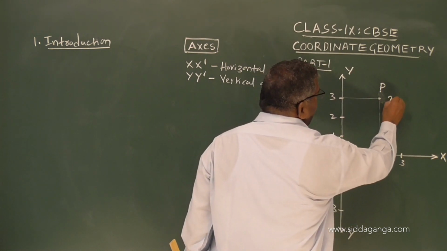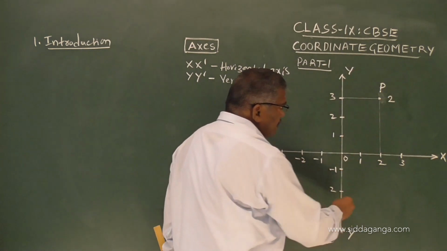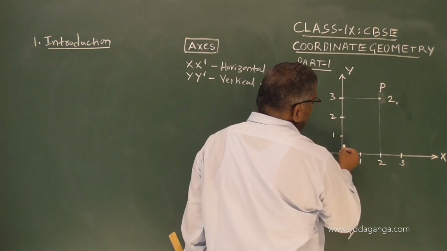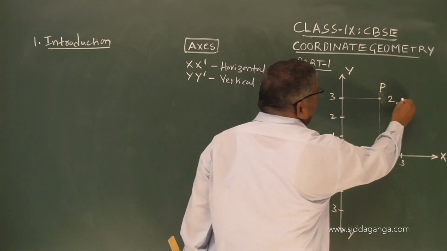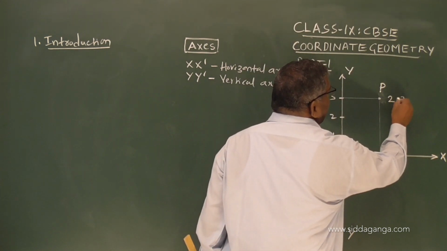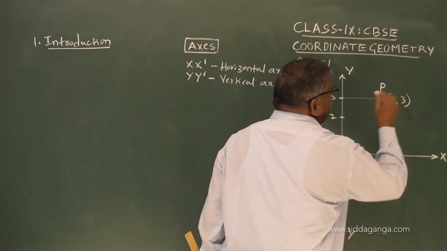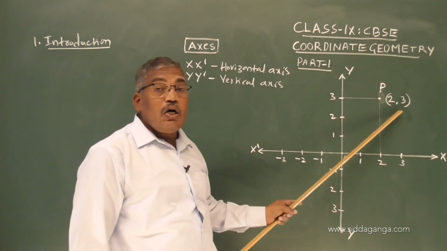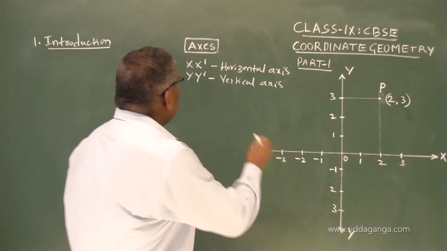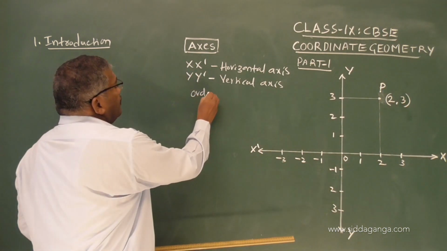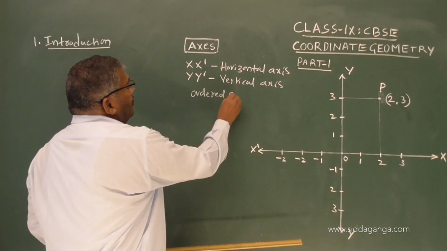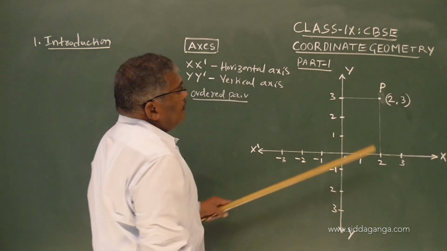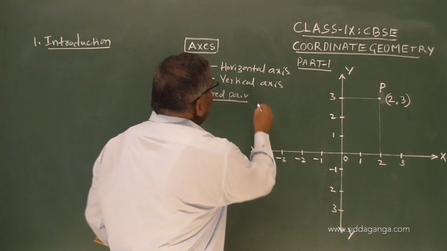So 2 units away from the y axis, we write it first, and it is 1, 2, 3 units away from the x axis. We put a bracket. This is known as an ordered pair. So P, we write it as P(2, 3).